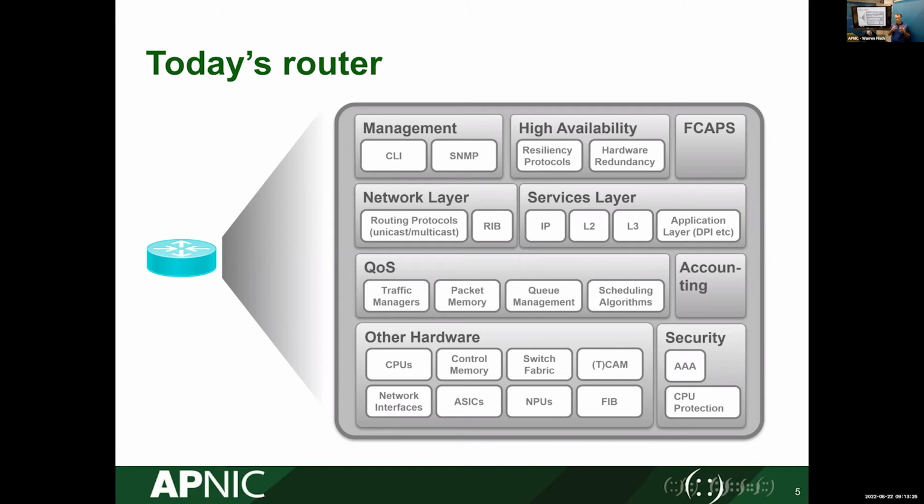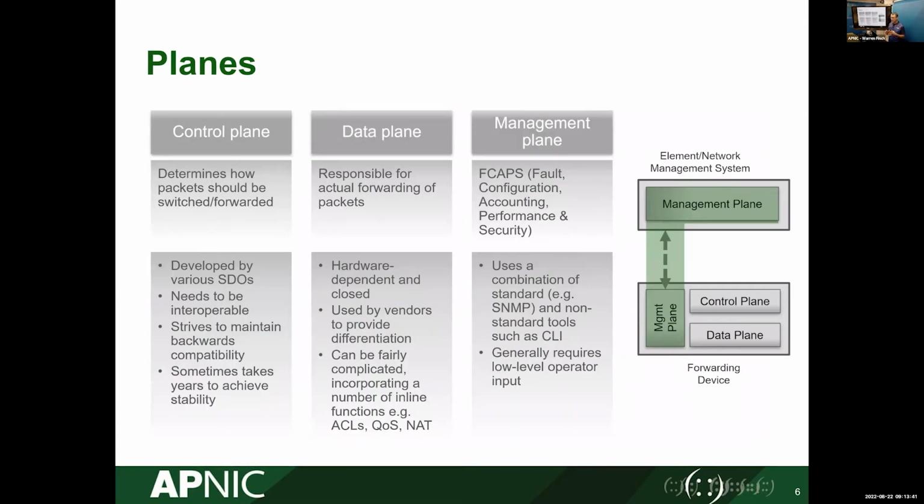Now, from that complexity, your router is still trying to do those two key functions. Learn about the network and how to get from one part of your network to another, and then forwarding those packets. And when we look at the router, it is broken up into what's called a control plane, a data plane, and a management plane. So the control plane is going to figure out how it gets the packet sent to the next location.